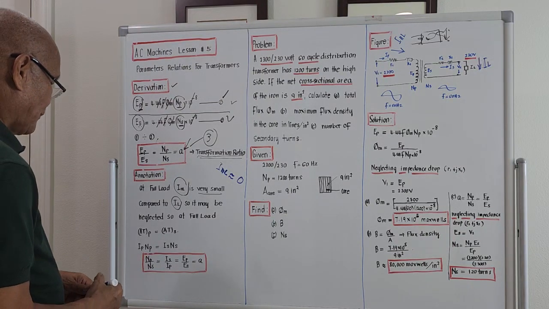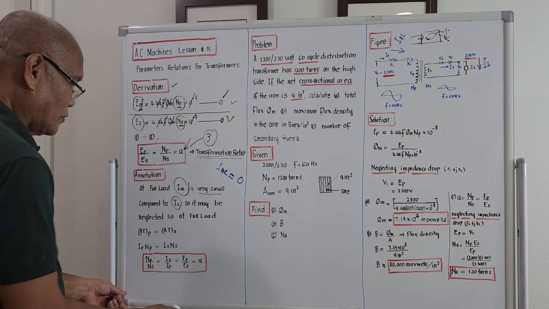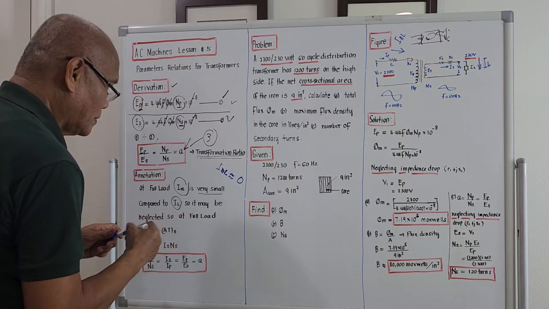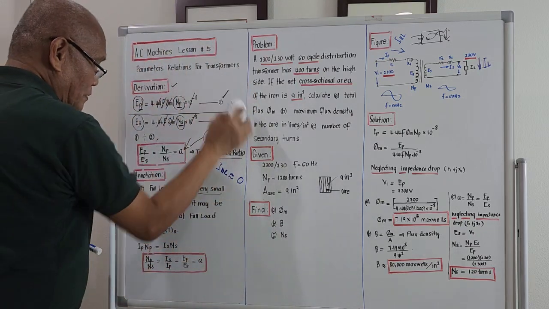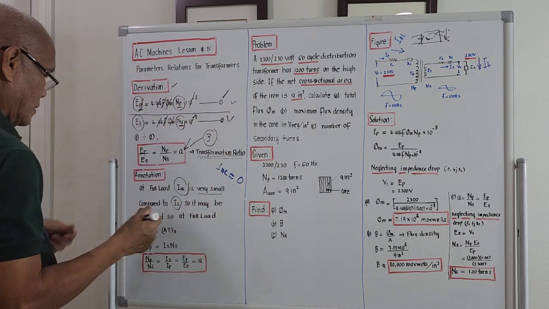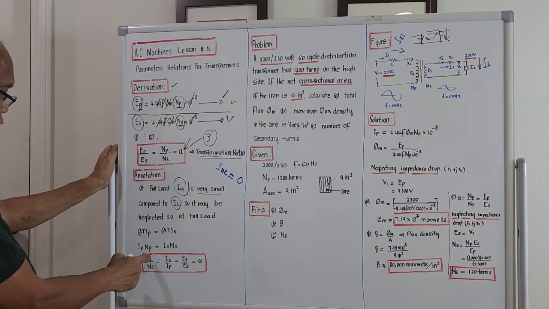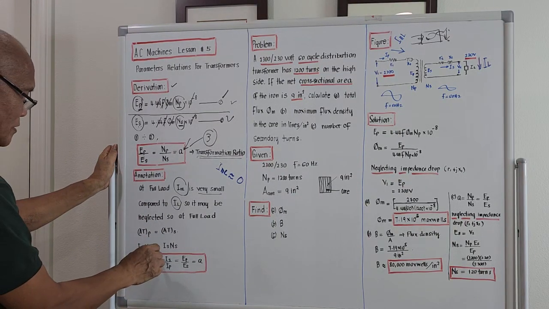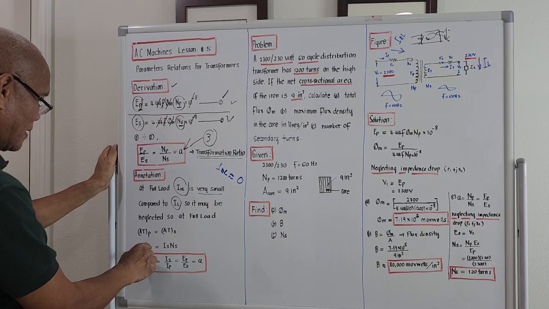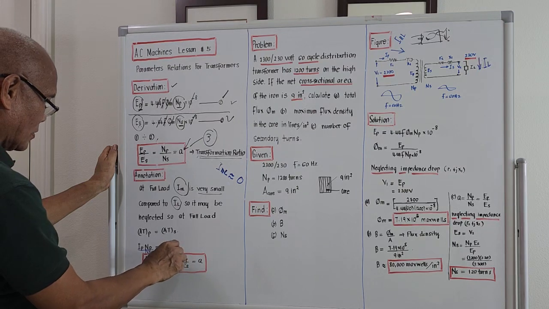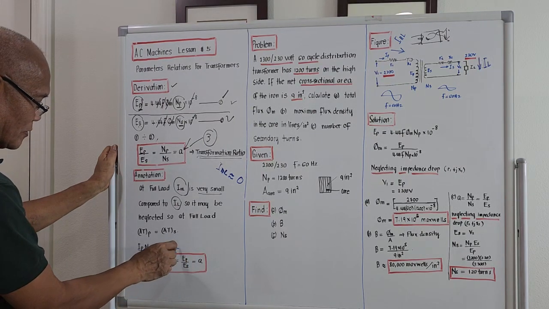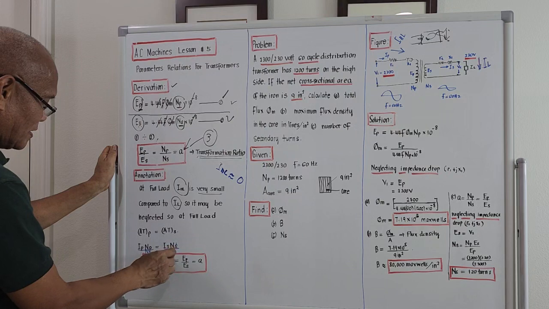NP. Oh, we just try to manipulate. For it to become NP over NS, we will divide both sides by NS, right? So this NS cancels.